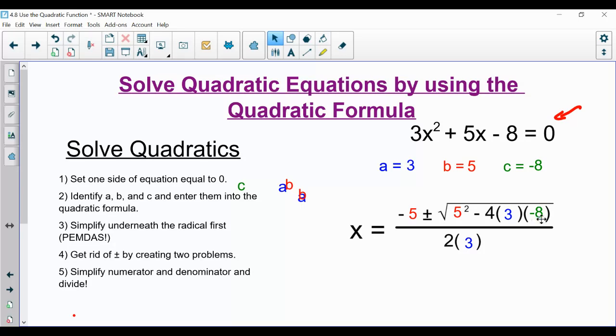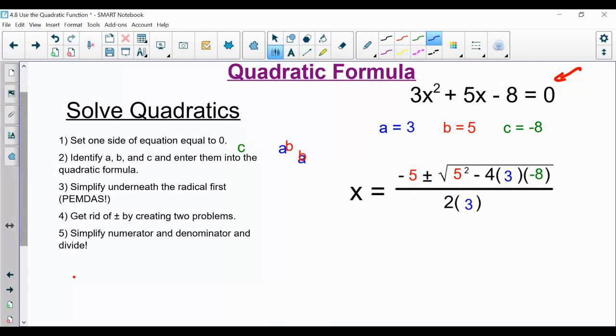Our next step is to solve underneath the square root. For those of you with graphing calculators, as you all should have, don't type in the root, but type everything that's underneath the root into your calculator and write that number here. I don't have my calculator in front of me at the moment, so 5 squared is 25, minus 4 times 3 times negative 8, which is negative 96.